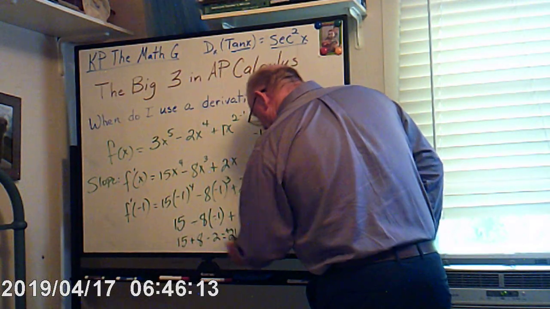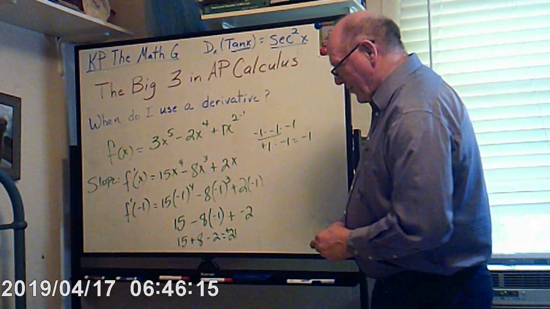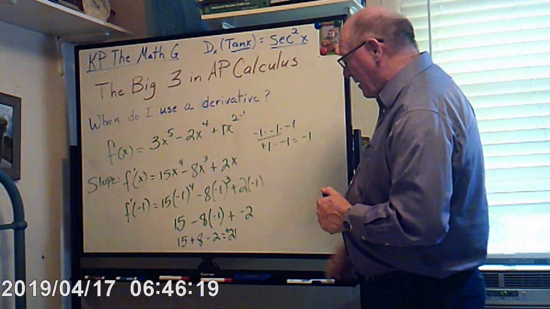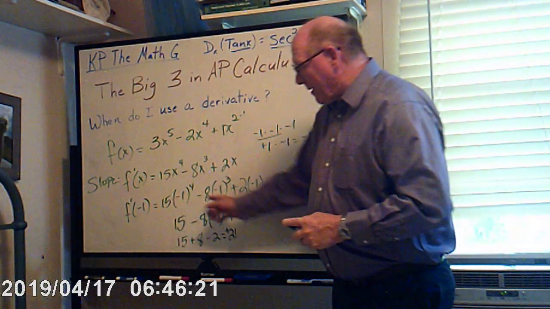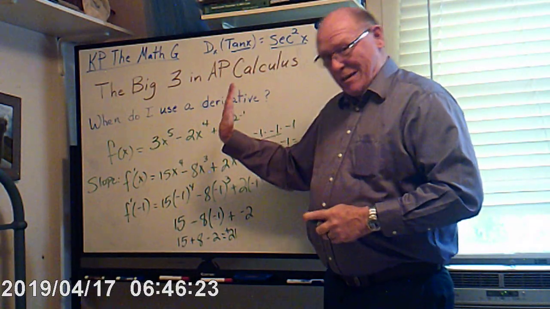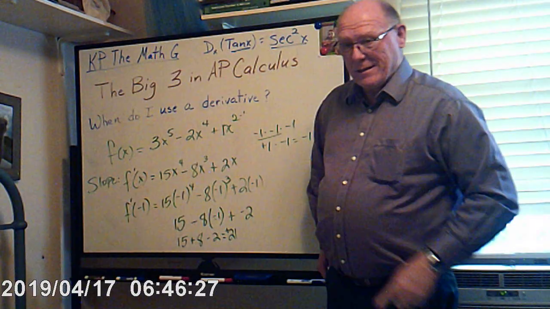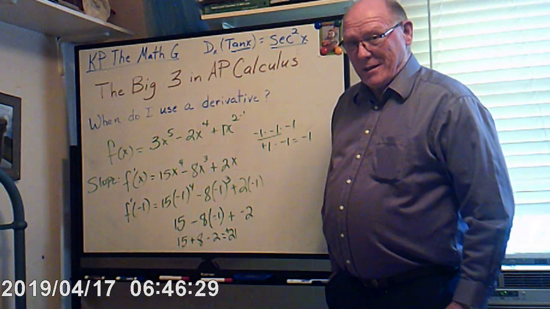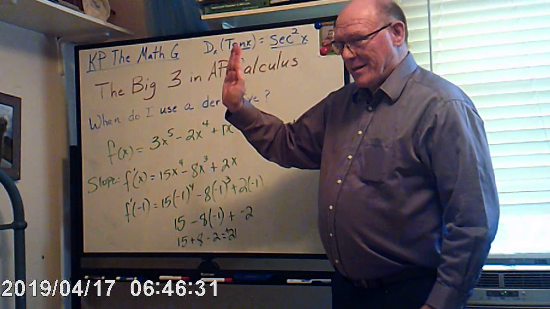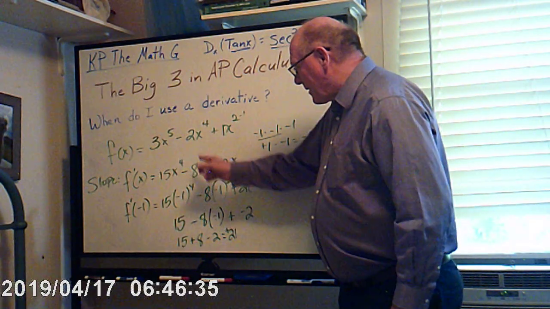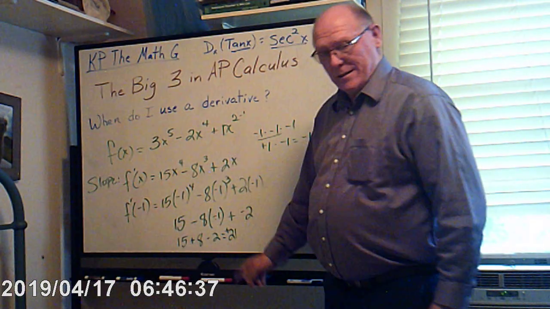The answer is positive. So not only did we find the slope, but wow, at x equal to negative 1, that slope is real steep, 21. Almost straight up and down. But is this function increasing or decreasing?